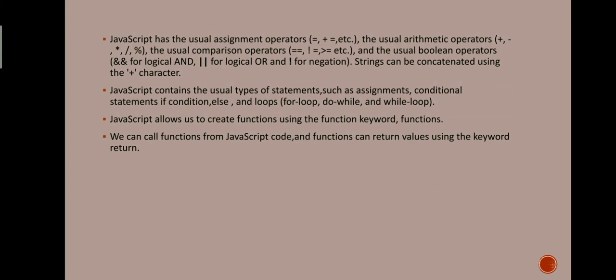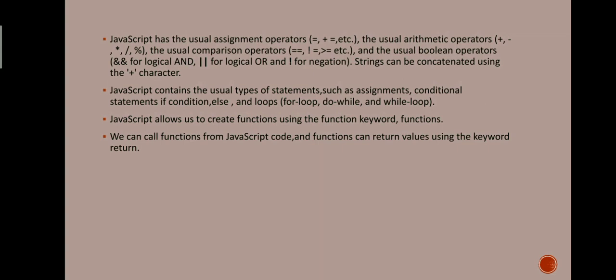JavaScript has the usual assignment operators like equals, plus equals, etc., and arithmetic operators such as plus, minus, multiply, divide, modulus. Also comparison operators like equal to, not equal to, greater than or equal to, etc. It also contains Boolean operators such as logical and, logical or, and negation.